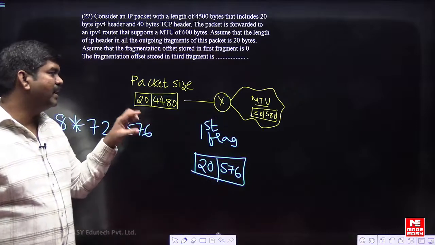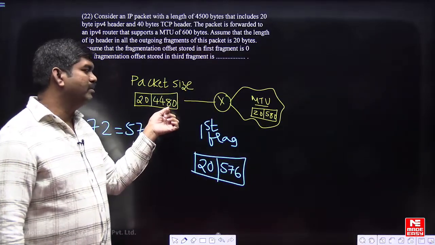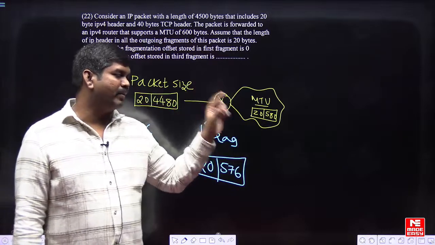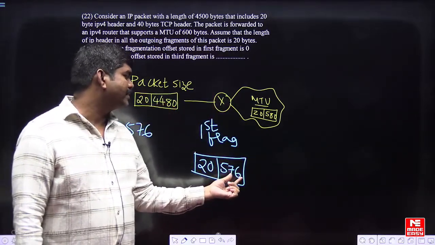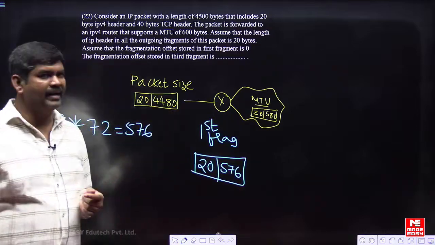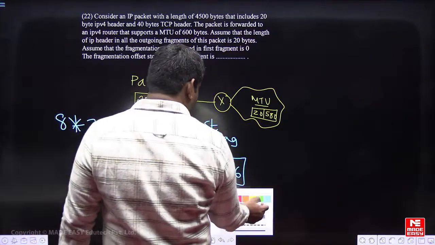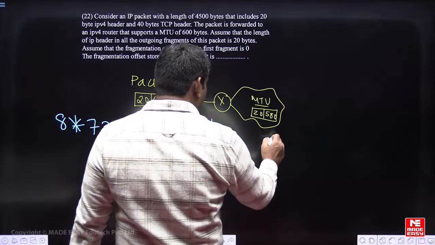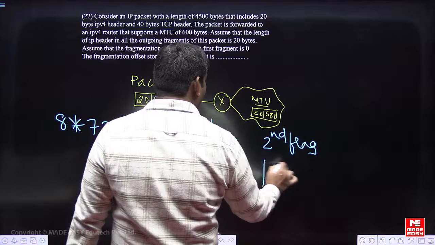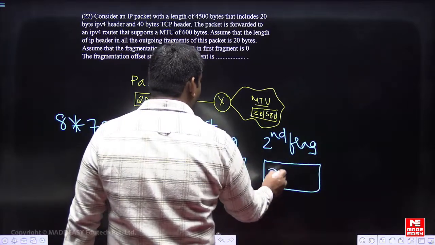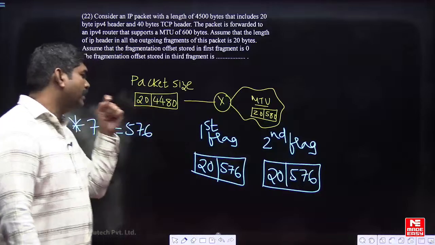So the basic idea: when a packet comes to a router with the value of 4480, this packet will be divided into fragments, where the first fragment occupies 576 bytes from this 4480. Then the second fragment occupies the next 576 bytes from this 4480.